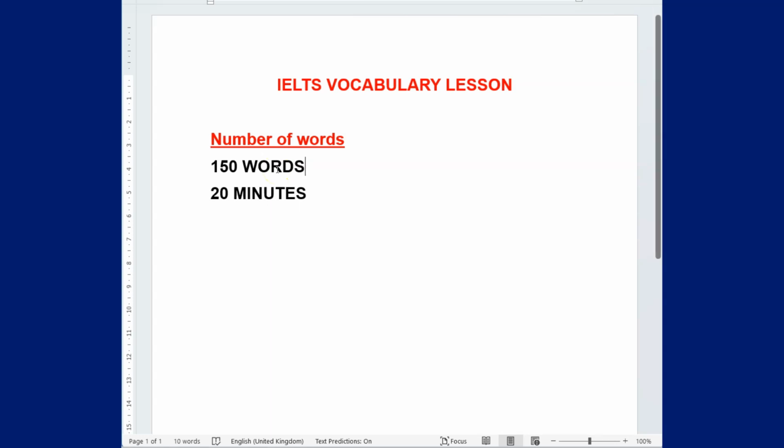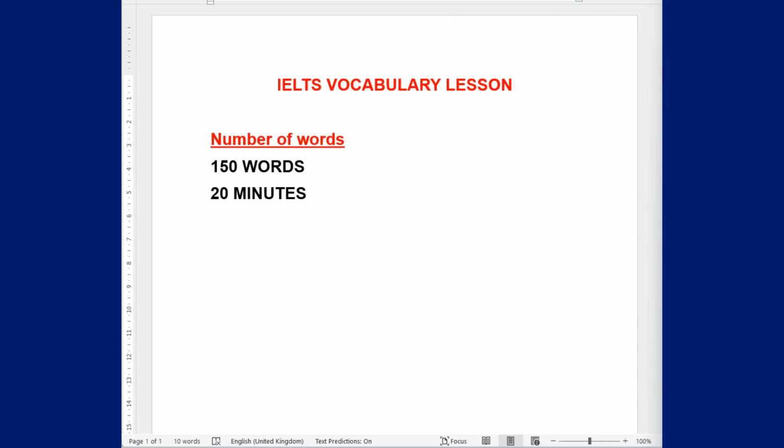It's not something that you have to set. It is compulsory for you to get a minimum of 150 words, otherwise you won't be able to get the score that you want. And this 20 minutes is actually advice from tutors who inform you not to spend more than 20 minutes on Task 1.